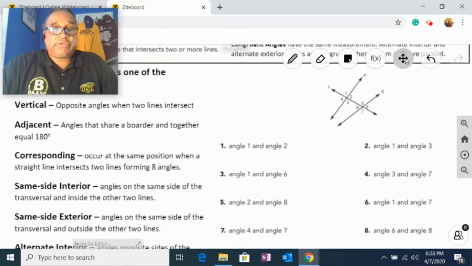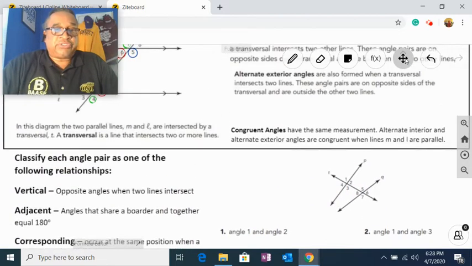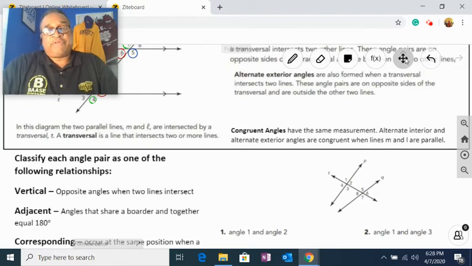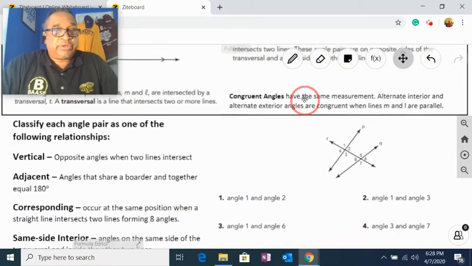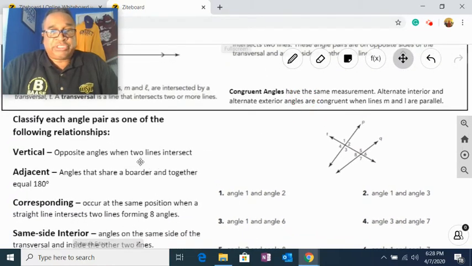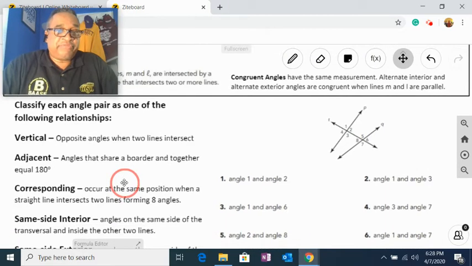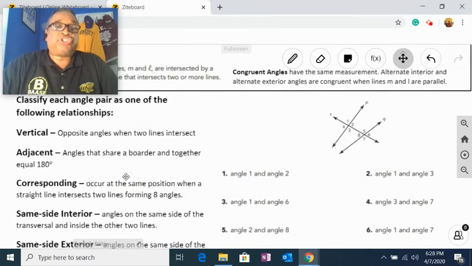Now let's go down here. In this first exercise, I just want you to look at classifying different angles, okay? You see here we have vertical angles that we just talked about, like 1 and 3, 2 and 4, 5 and 7, 8 and 6. Then adjacent angles, which we talked about in a previous lesson, are angles that share a common border.